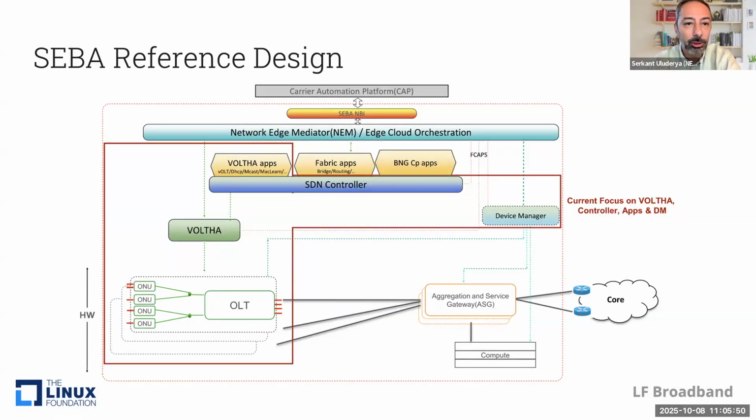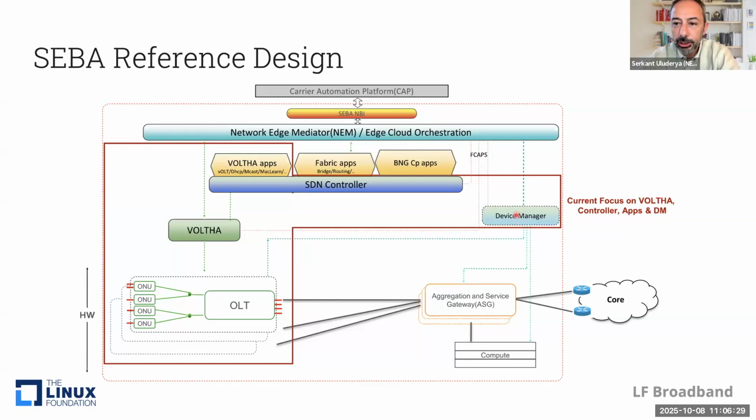Below that, the network edge mediator. Over this, you could interact with various pieces of the broadband network. So you can see it's working with VOLTHA, its fabric applications, BNG applications, and also getting FCAPS from the network devices.